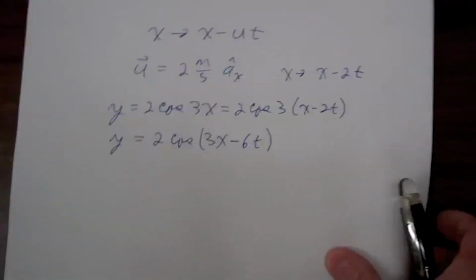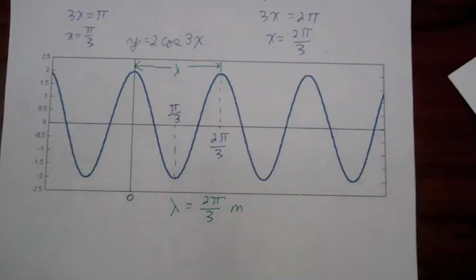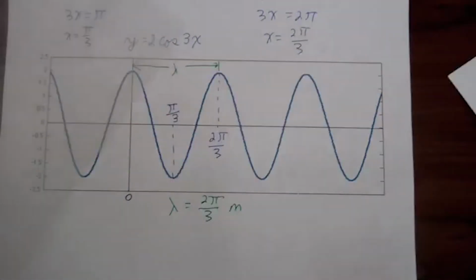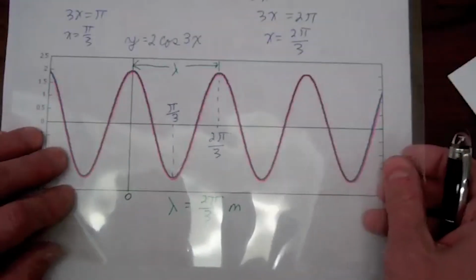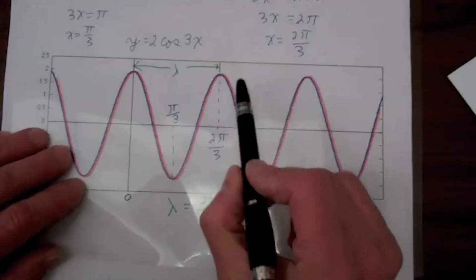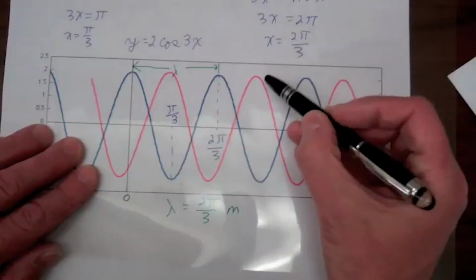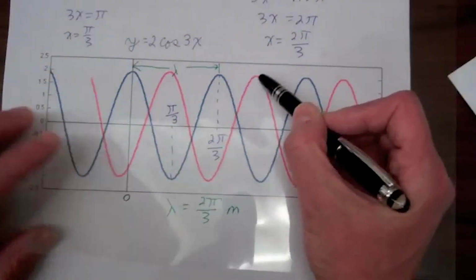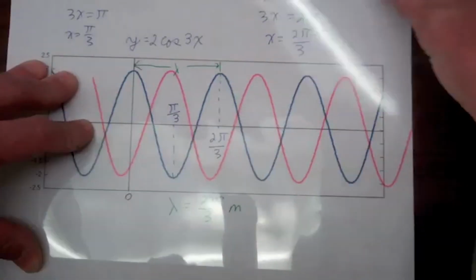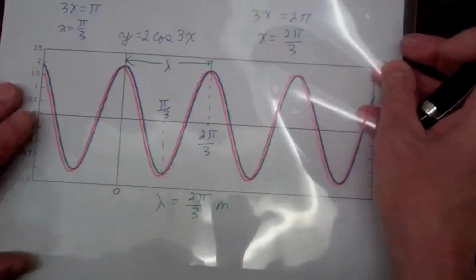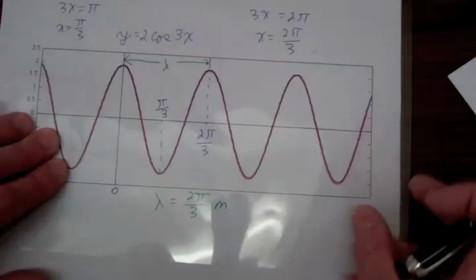So let's look back at our wave, and let's concentrate on this peak right here. If the wave is propagating, it means this crest is moving. That crest occurs when the argument of our cosine function is 2 pi radians.